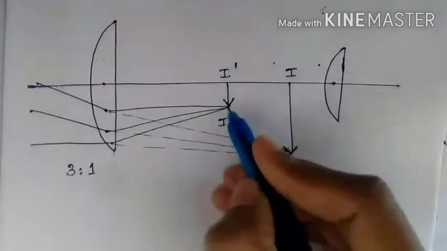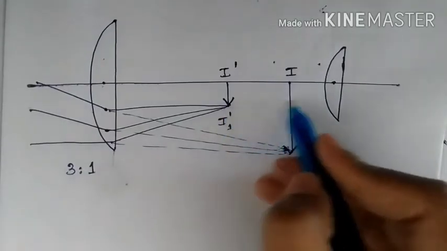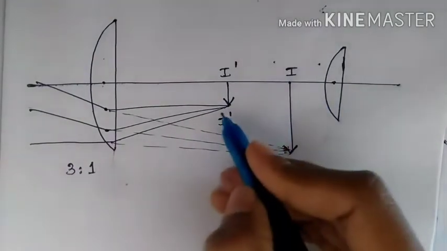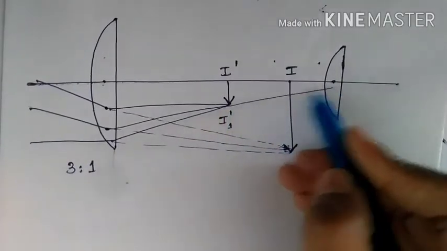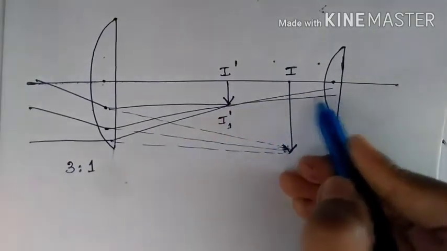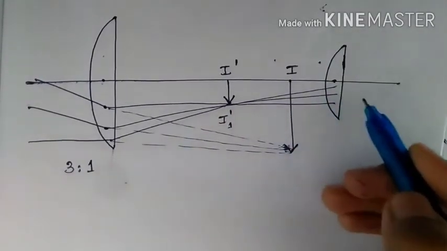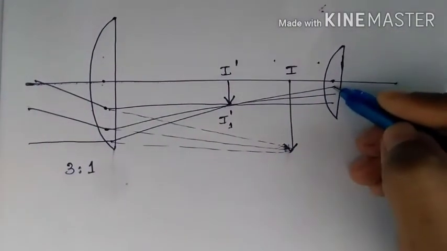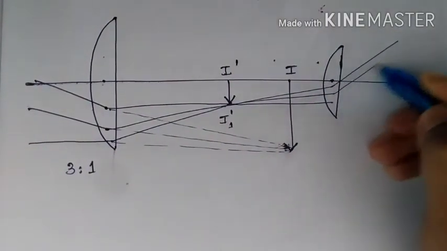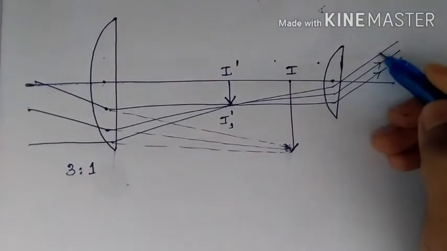Now the rays which are converged here will again go and fall onto the eye lens. So this ray goes here, this ray here, this ray here. Now these three rays will again get refracted. So now they go out as parallel rays.